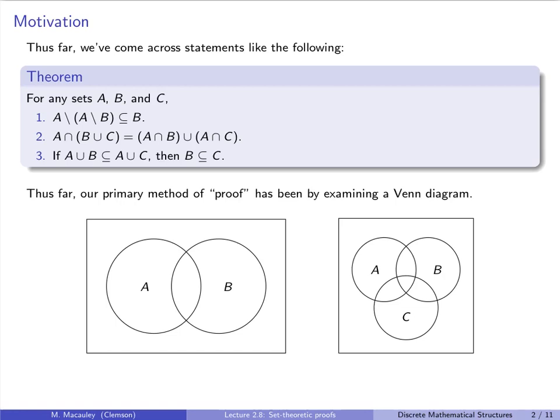So the first one says that A take away B is contained in B. So let's draw what that is. A take away B, again, I like to call it that just because it's unambiguous, are the things that are in A but not in B. So that's this little region here. I'm not going to draw it in too carefully. Don't really need to, you get the idea.